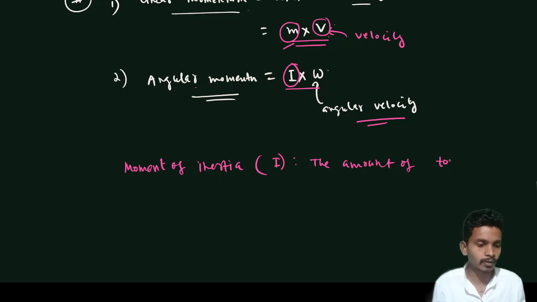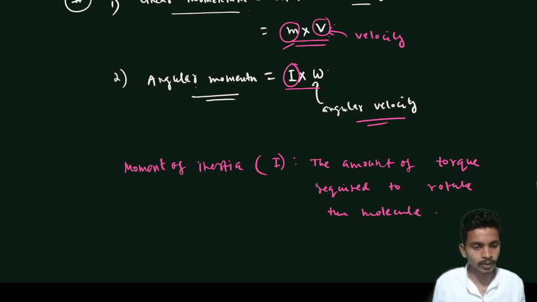Torque means the amount of force required to rotate a molecule. So I can say the amount of torque required to rotate the molecule is known as moment of inertia.